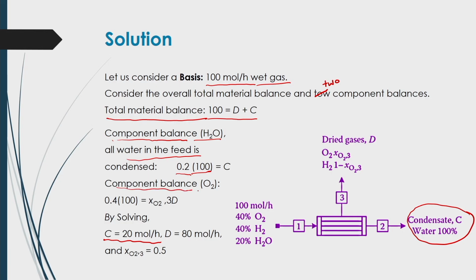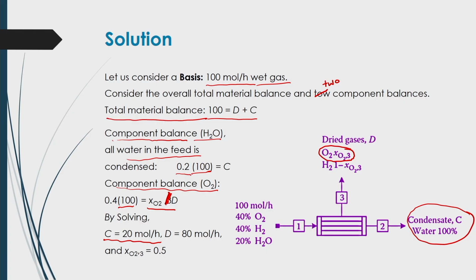Similarly, if we do the component balance for oxygen, then you can see that 40% of oxygen in the feed, that is 0.4 into 100, will be exactly equal to the outlet oxygen content in stream 3, that is D into X O2, sorry, this 3 will not be here, this is a suffix.